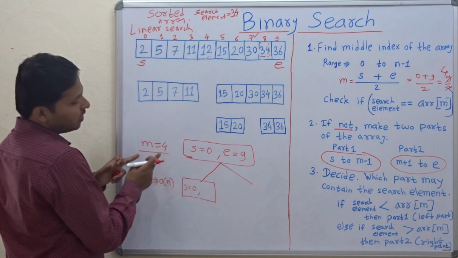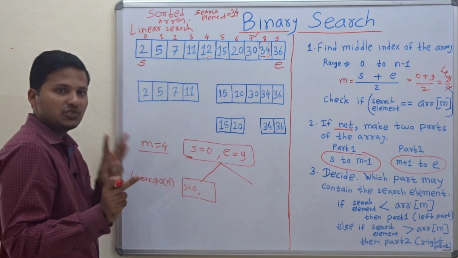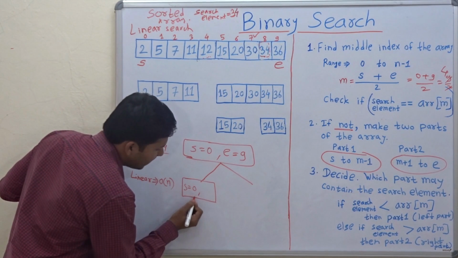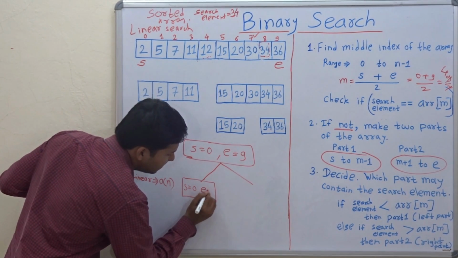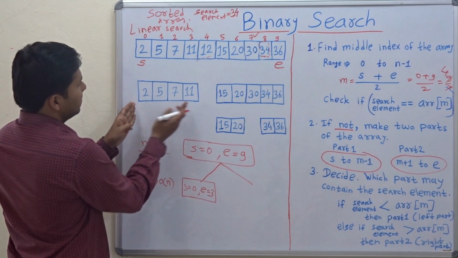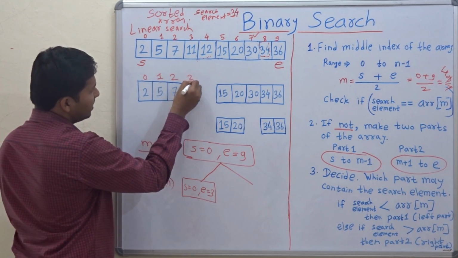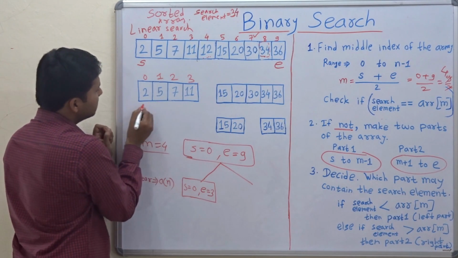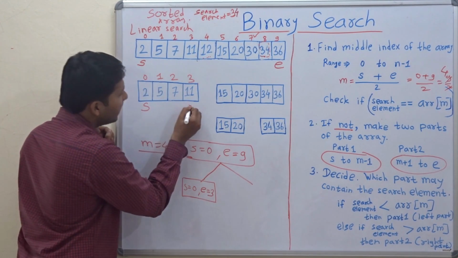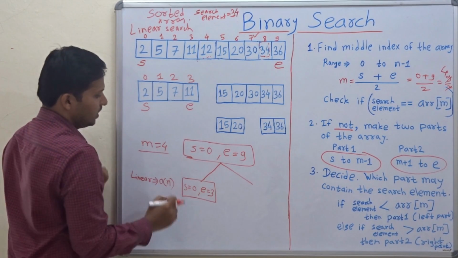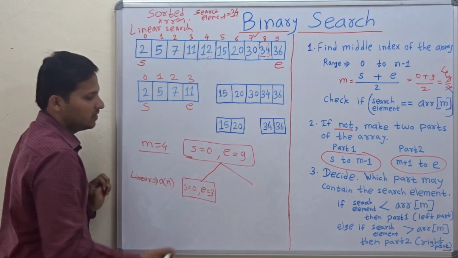As m is 4, m minus 1 is 3. So for this part, s is 0 and e is 3. See, this is that part. I will give the indices 0, 1, 2 and 3. So for this part, the starting index is 0 and the ending index is 3.